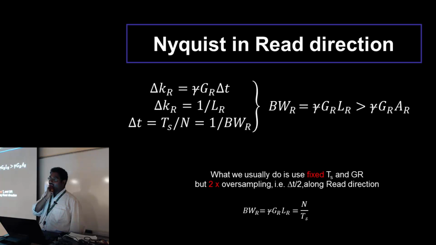What is the point of it? The point is that you avoid aliasing along the readout direction. If we stick to the Nyquist rates, we should be fine, but typically this is just a safety measure for you.